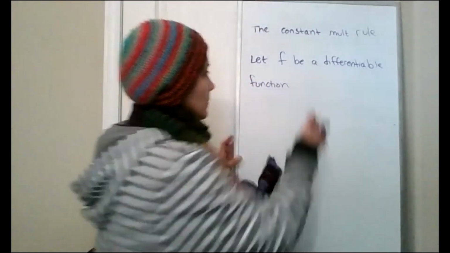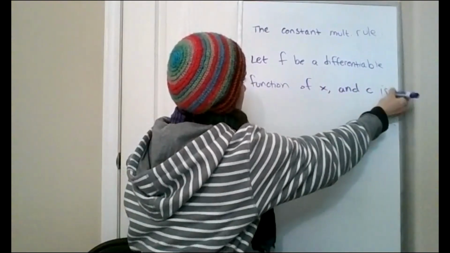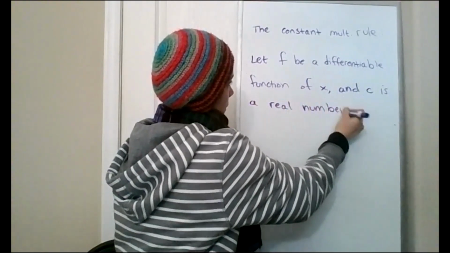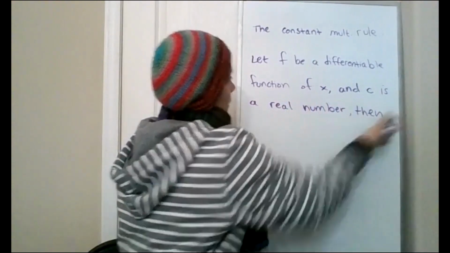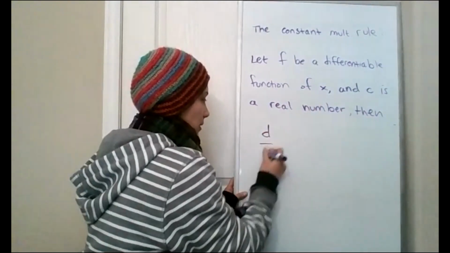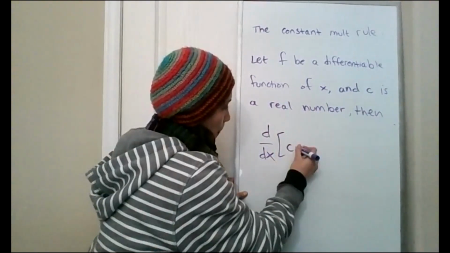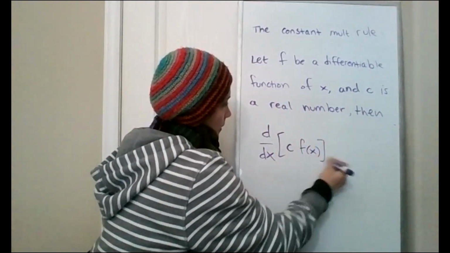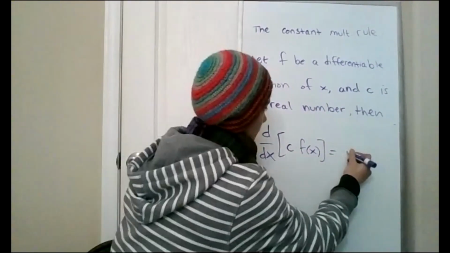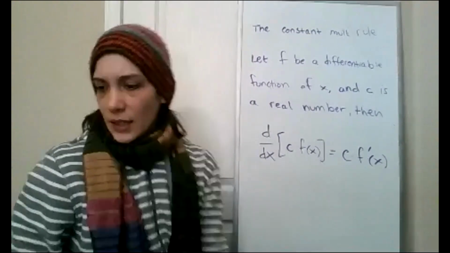Then the derivative with respect to x of c times f of x is c multiplied with the derivative of f of x. Did I write that right?